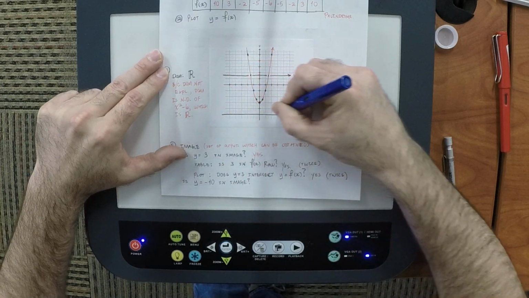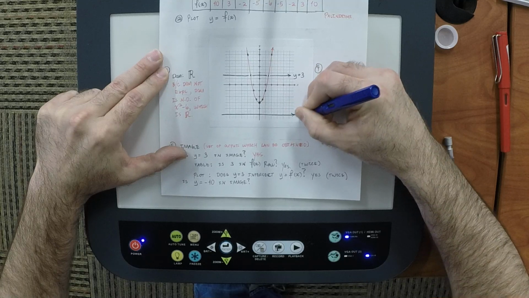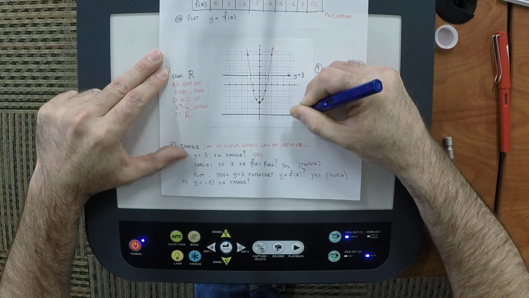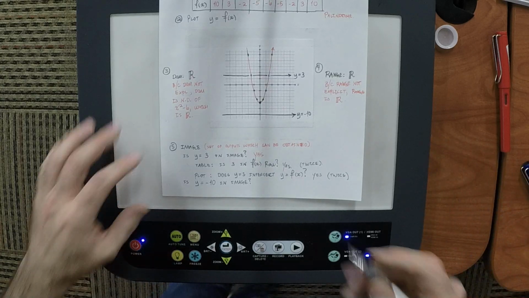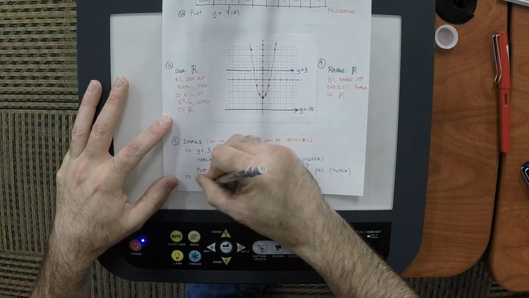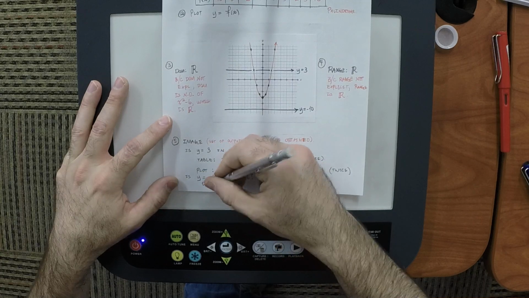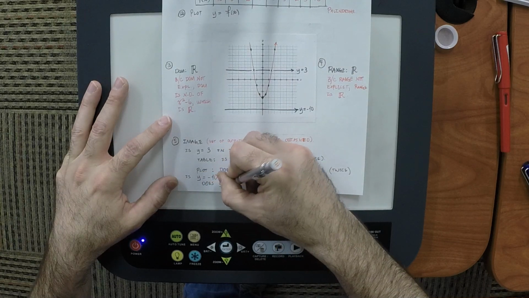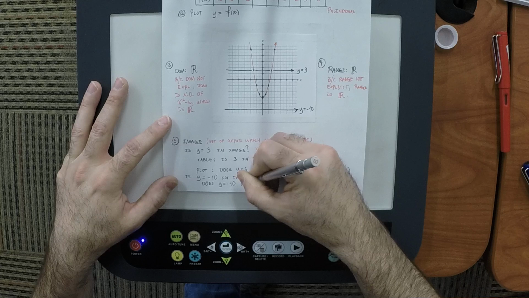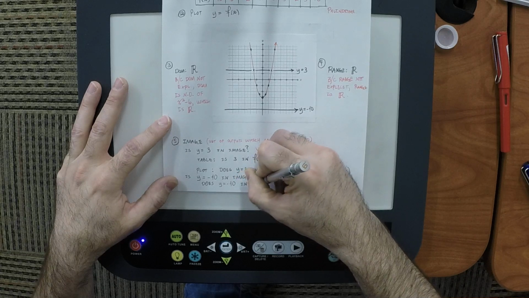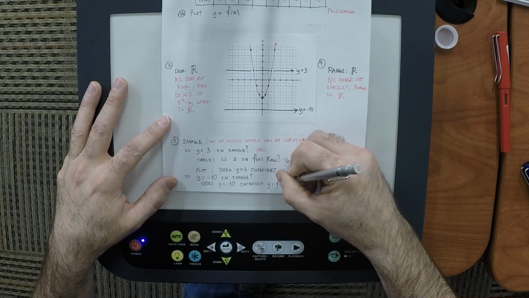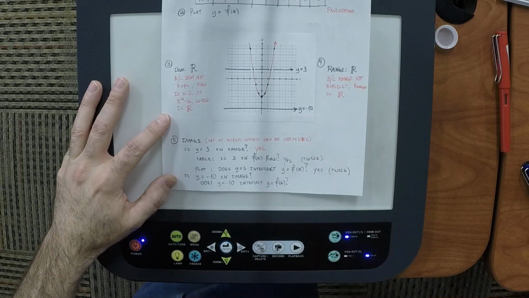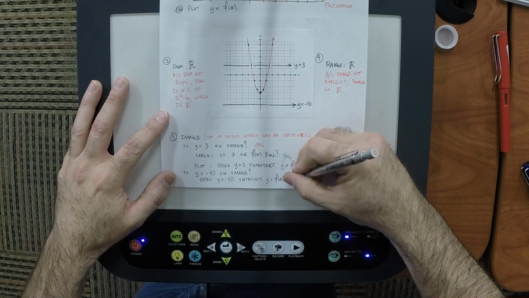Very good. And the question is, does y equal negative 10 intersect y equal f of x? The answer is no.